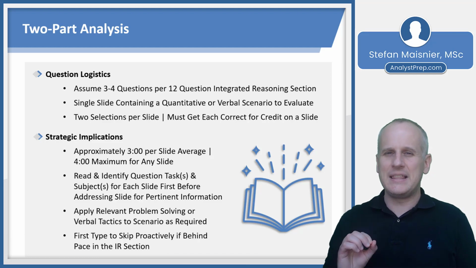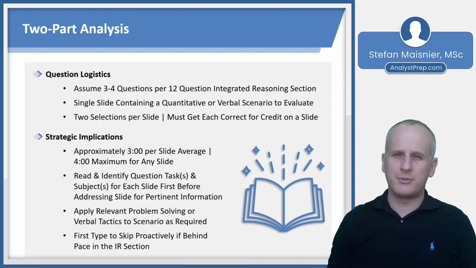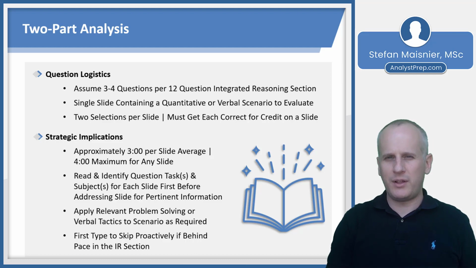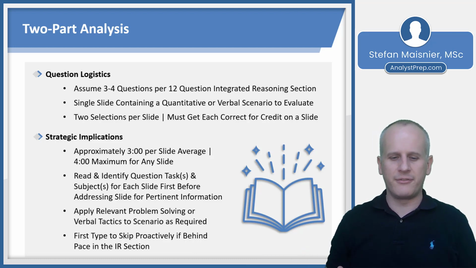And this is the primary question type within the integrated reasoning section to skip and guess if you're behind pace. Remember, we're supposed to be spending somewhere between 12 to 15 minutes on the first half of the section in the integrated reasoning section of the executive assessment, and ideally 15 to 18 minutes for the second harder half, provided that you've done well on the first half.